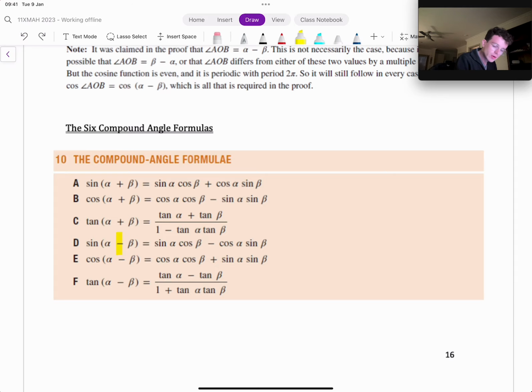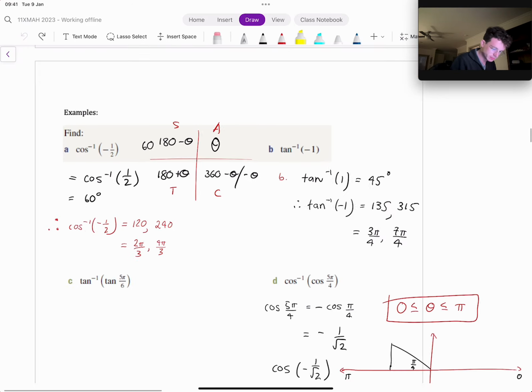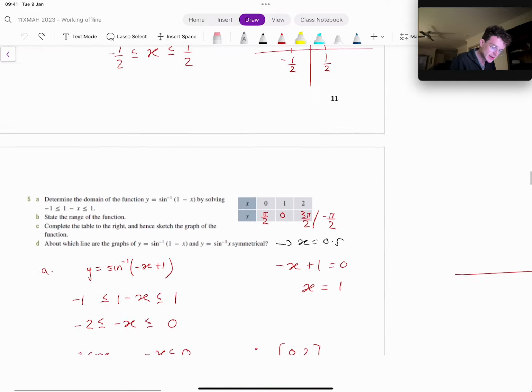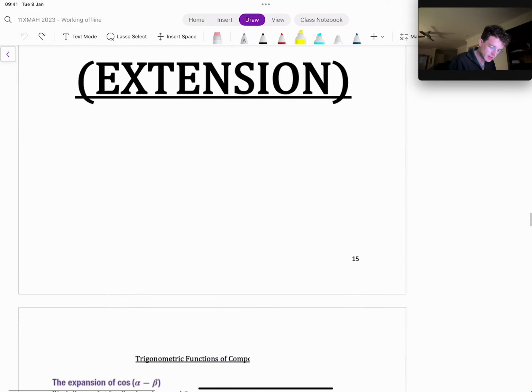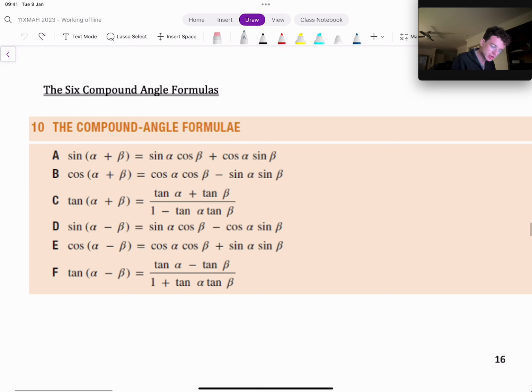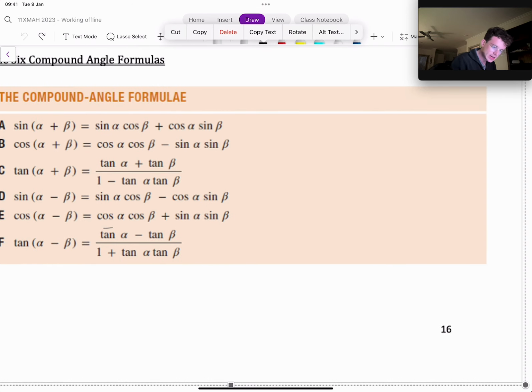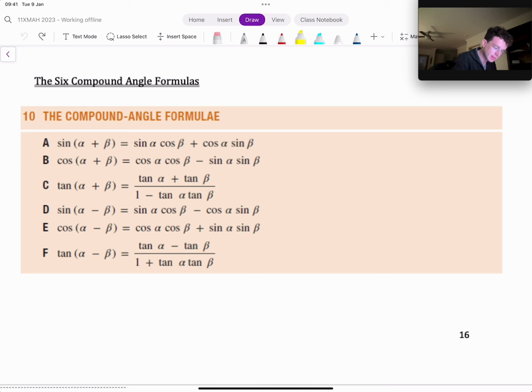So when we have sine of alpha minus beta, we might notice that there's a plus here and a plus here. But when we have our cos, we've got a plus here and a minus here, and here we've got a minus here and a plus here. So with cos, the sign is opposite of what it's given in the original bracket. Tan follows a similar story.